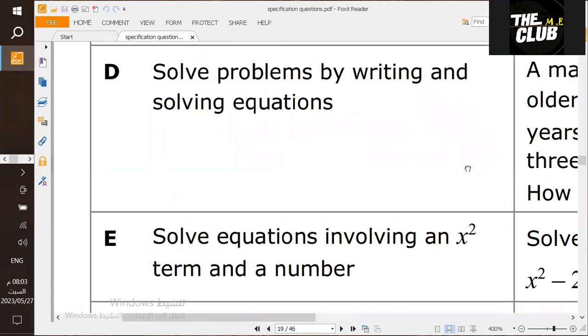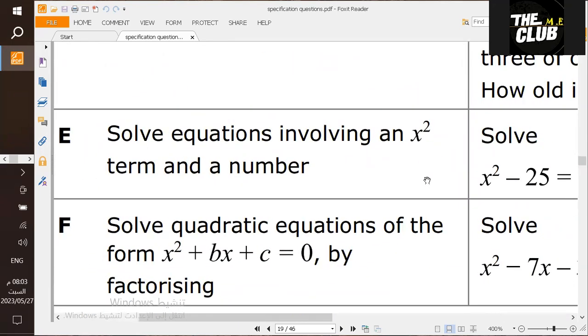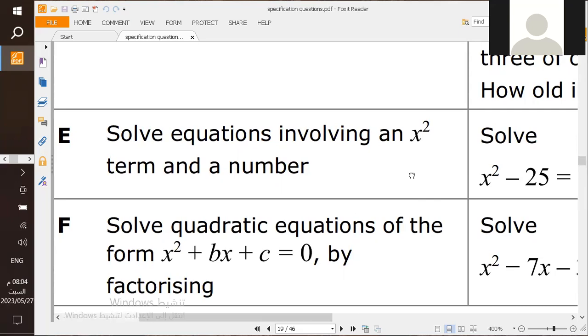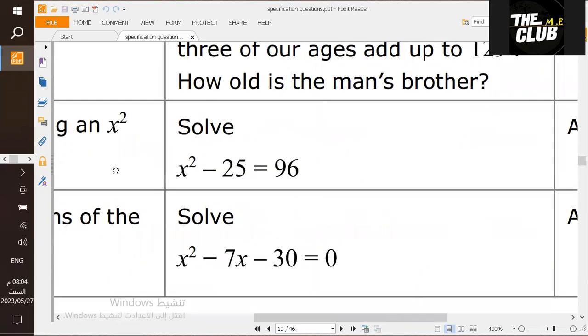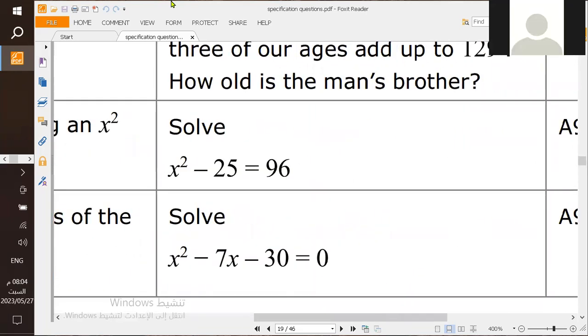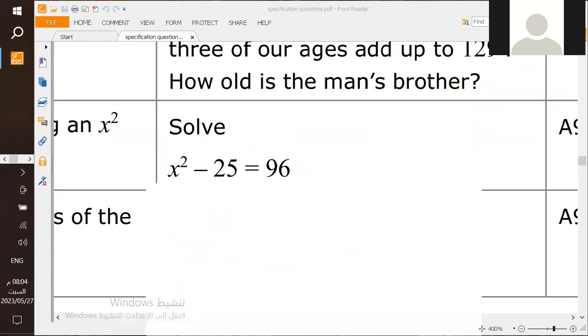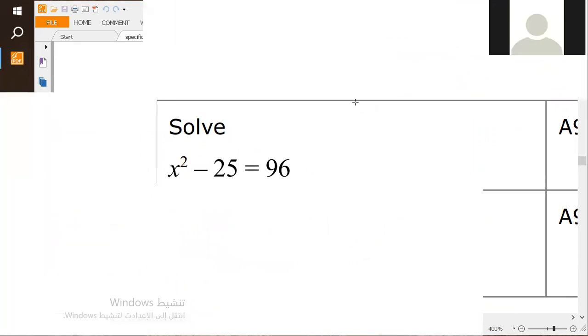We have a science test. Solve equations involving x squared. For example, x squared minus 25 equals 96. We want x squared, so we move the 25 to the other side, so it will be 96 plus 25, and then you square root it.